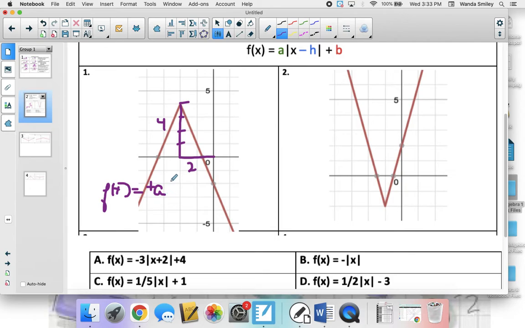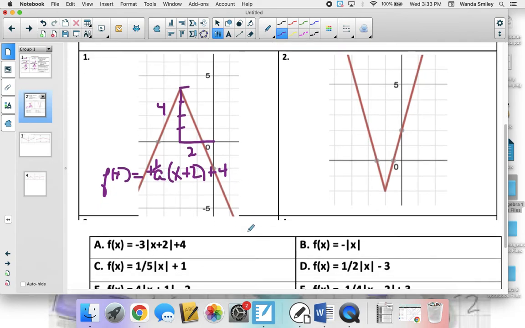It's skinnier than it would normally be, so it actually would have to be a fraction, like 1 over something maybe. And then in the parentheses, I'd have x, and since I'm moving to the left, it would be a plus 2, and since I'm going up, it would be plus 4. So I'm looking for a positive fraction with a plus 2 and a plus 4.